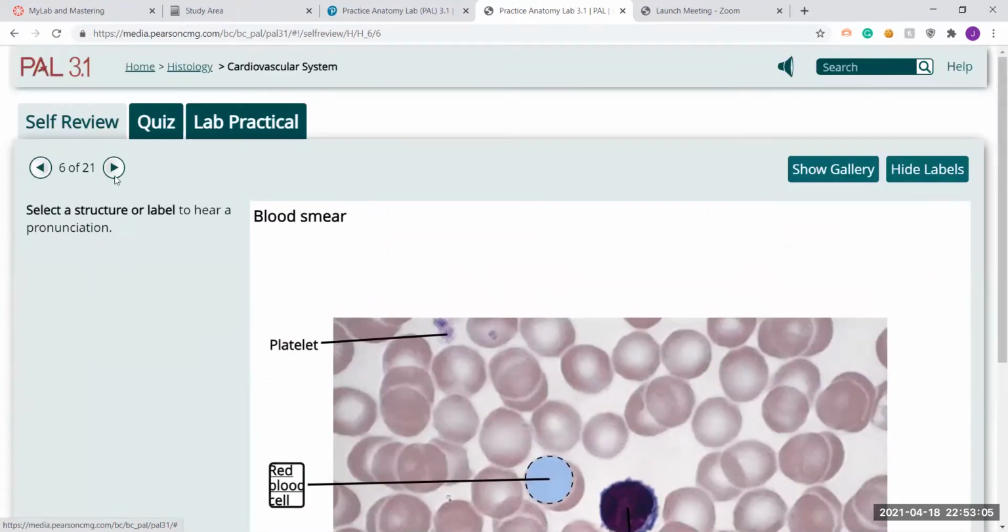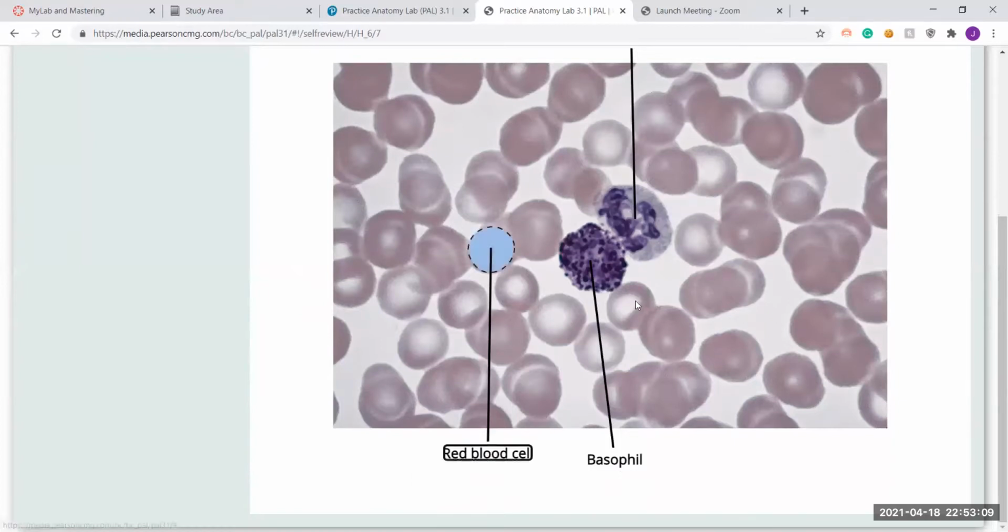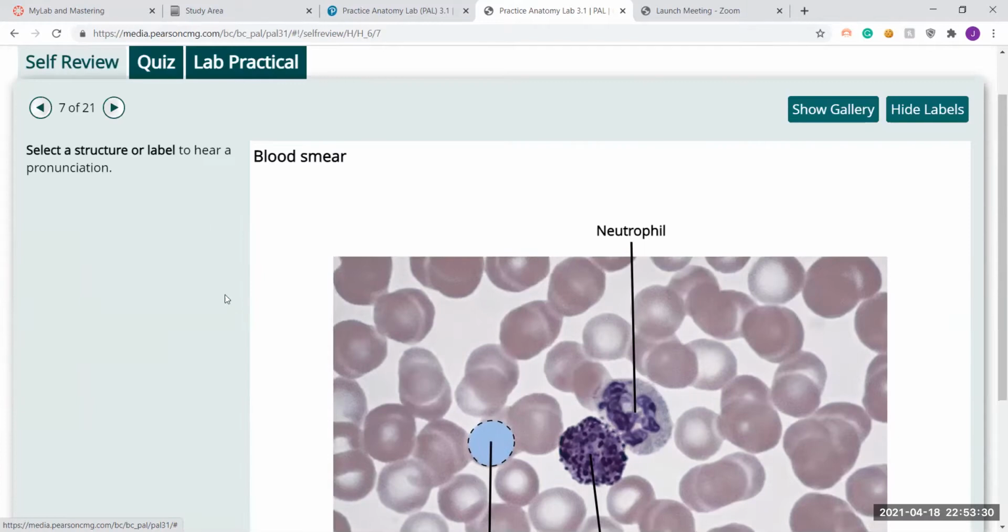Then platelets again. This is another neutrophil and basophil. You see, basophils are increased in allergic reaction as well as in parasitic infection. And they are basophil, eosinophil, and neutrophil. You can see the granules in their cytoplasm. That's why we call them granulocytes too.